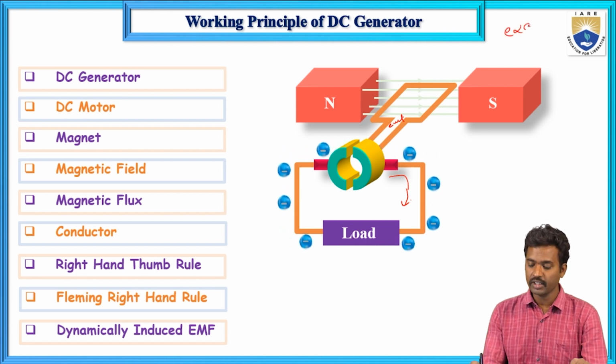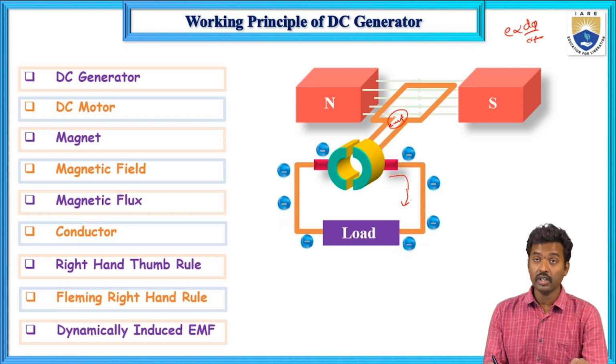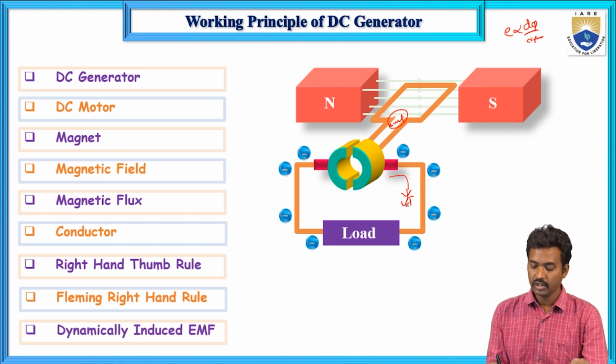According to Faraday's law, E is directly proportional to d phi by dt, and induced EMF will be developed in the armature conductor. If you connect the load to this conductor through the commutating system and brushes, current flows, since there is a closed path.